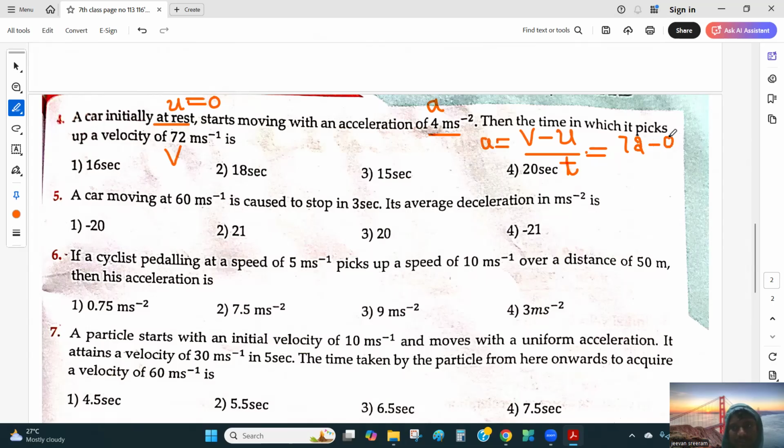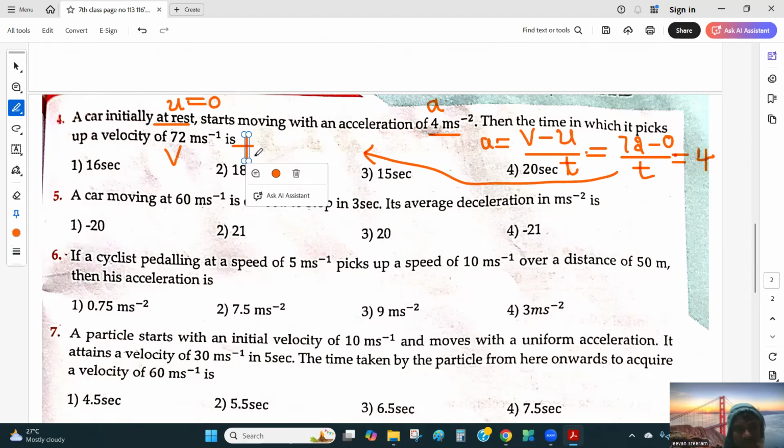The initial velocity has started from rest, so u is 0, divided by the time in which it picks up velocity 72. Acceleration was already provided, so the question is asking for t. Let me solve here the next step.